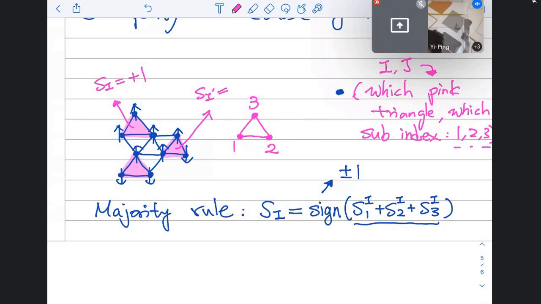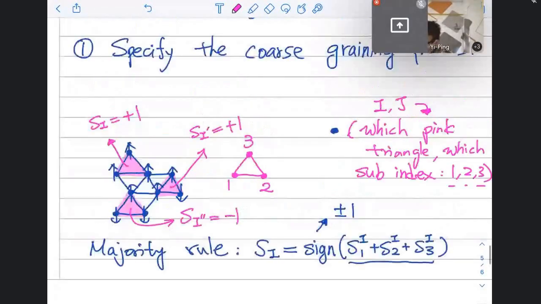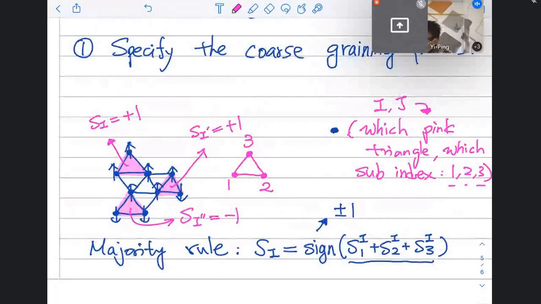It will still add up to be +1. And for this particular triangle, we should have two -1 and one +1, so when you add it up, the S_I double prime is -1. Okay, so this is the coarse-graining process for us to map to the new variable.